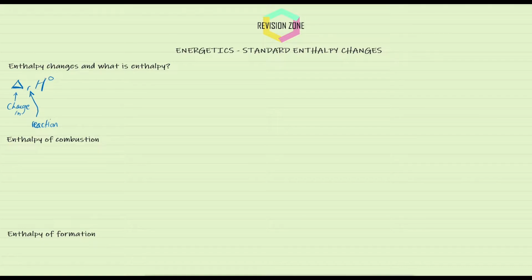Now, this is very important. This is a lowercase theta symbol, but it means standard conditions. Now, standard conditions, you must know them, and there are different criteria or different conditions that you need to learn. Some obvious ones you might be thinking of or may already know is temperature.